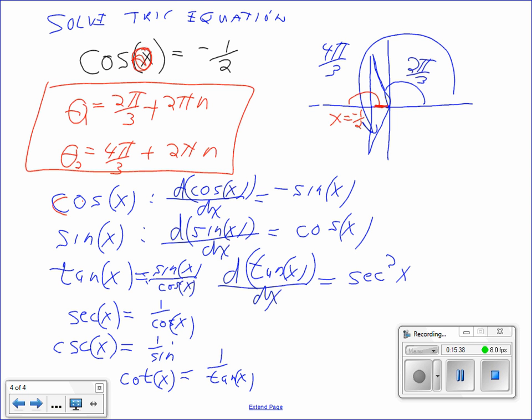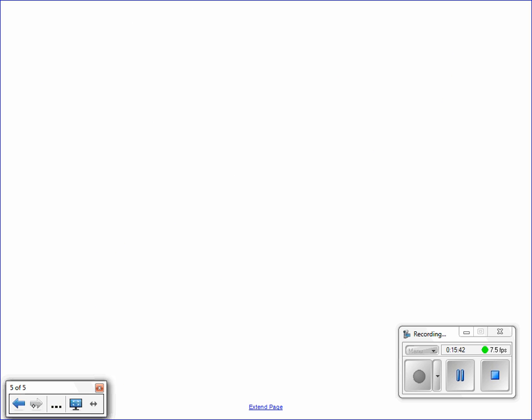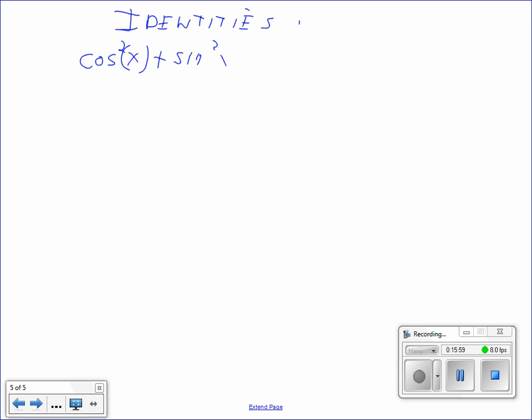What are some other things that come up all the time? We're at 15 minutes. Okay, you do need to know these identities. And there's a ton of trig identities, I know. But let's just do two right here. The cosine squared of x plus the sine squared of x is equal to 1.